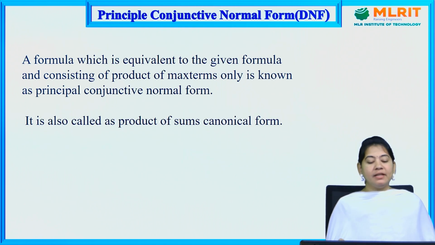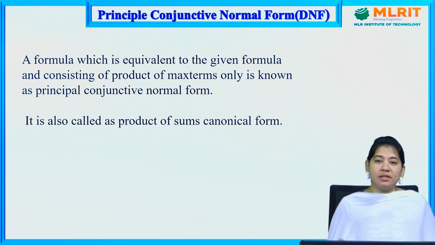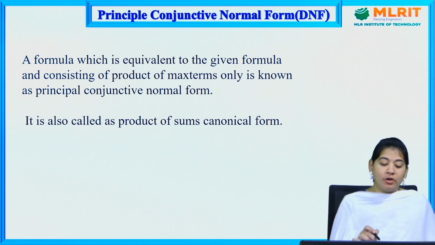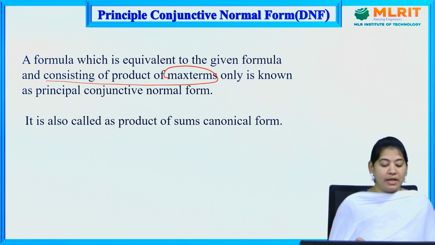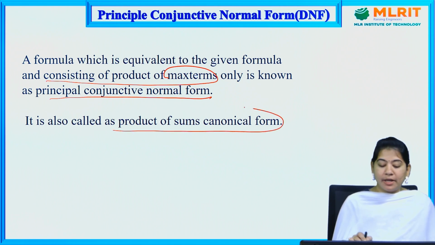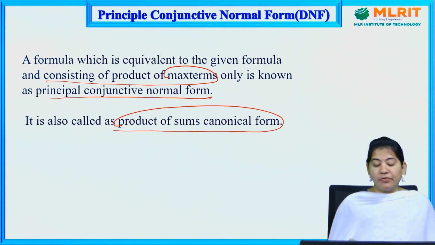Next let us go to the principal conjunctive normal form. A formula which is equivalent to the given formula and consisting of a product of max terms only is known as principal conjunctive normal form. It is also called the product of sums canonical form.